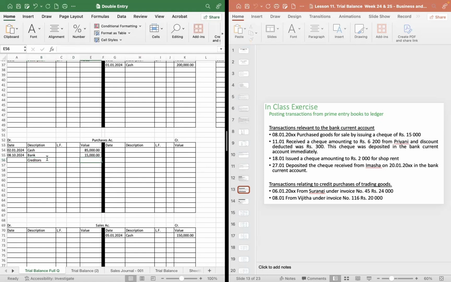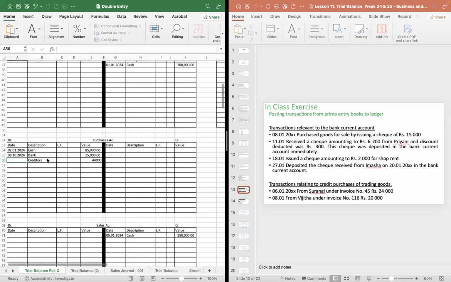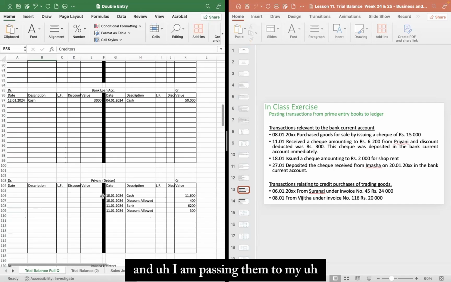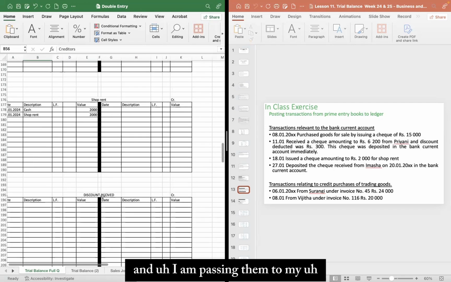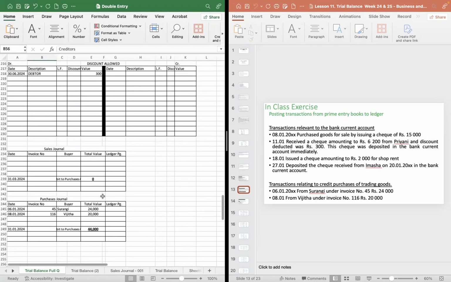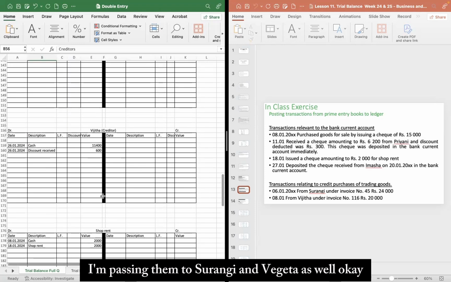Creditors 44,000. And I am passing them to my individual creditors, Surangi and Vijita as well.